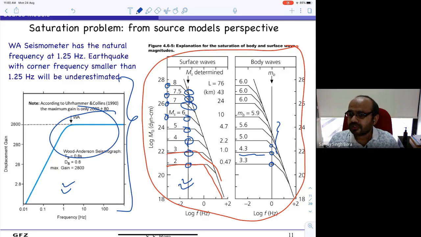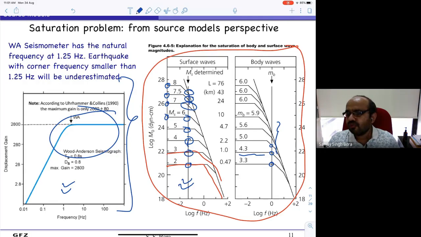So I will post this as an assignment. I really want to make sure that you understand it. Use concepts from this figure and what I just discussed. And I can give 2 weeks for this assignment. But you have to make me understand why that is saturating. Everyone has to prepare this.